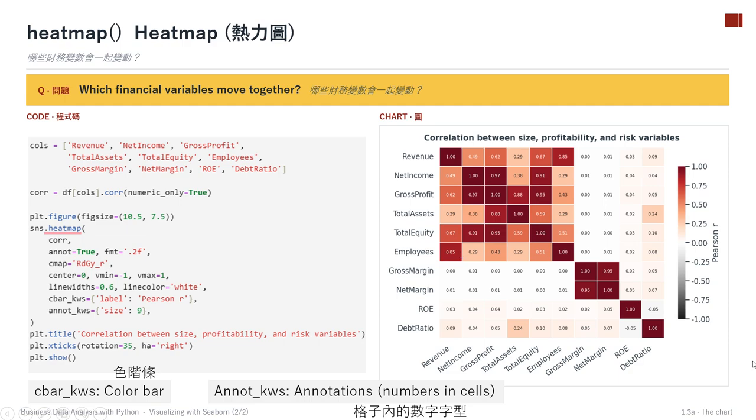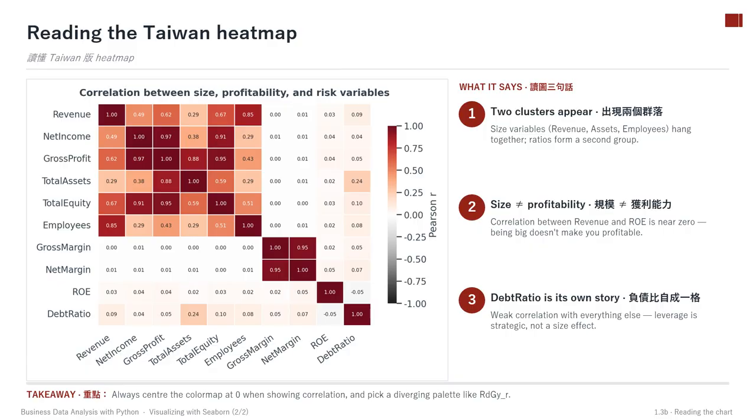So please look at the heat map here. The later one, we needed to illustrate what we see and find out from this figure. The first thing is there are 2 clusters. The first cluster is here, just from the variable revenue to variable employee.